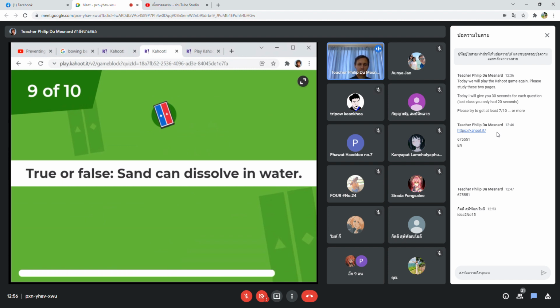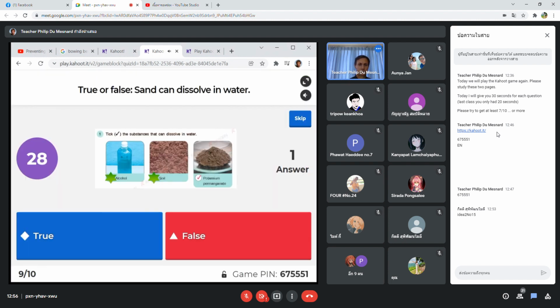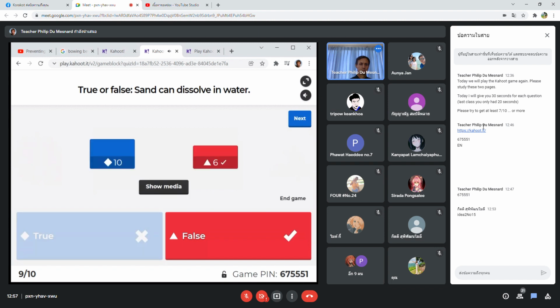Sand can dissolve in water. True or false? Most students are right.